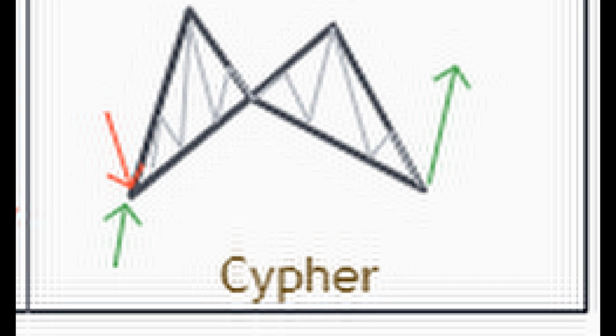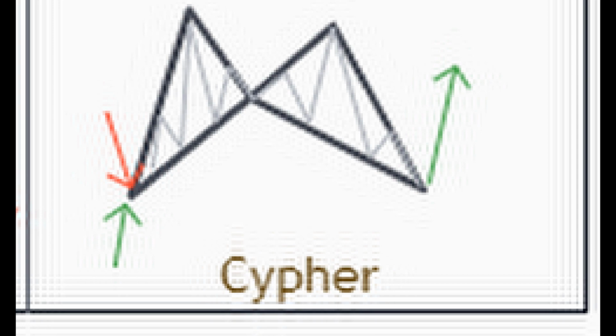Reversal point or reversal zones. Let's talk about zones. Traders often look for potential reversal zones around the completion of the CD leg, so the last one. This could be a confluence of Fibonacci levels, support, resistance zones, or other technical indicators.